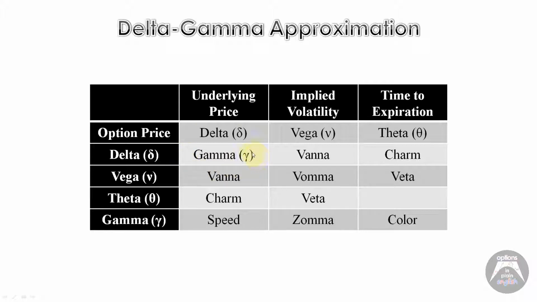This is because gamma measures the acceleration in profits when you are long options. If you have a position that gives you 50 deltas and you're holding options, then not only are you going to be making money when price goes your way, but you're going to be making more and more money as the underlying price moves. That's why it's called an acceleration factor.